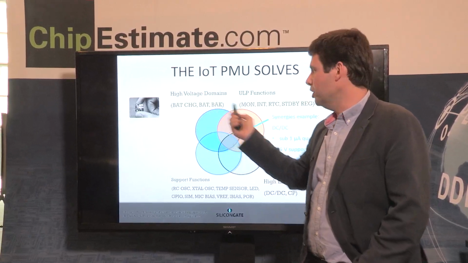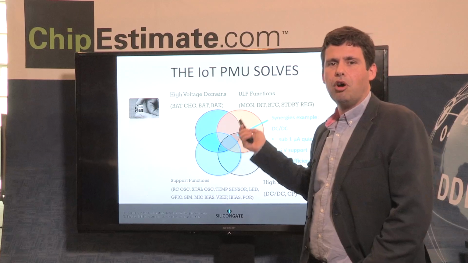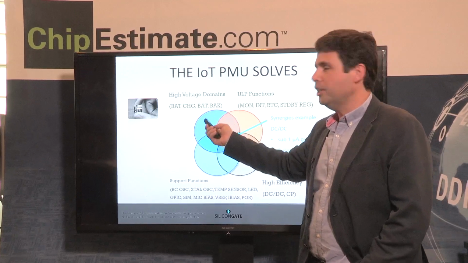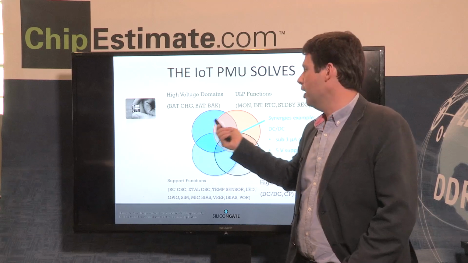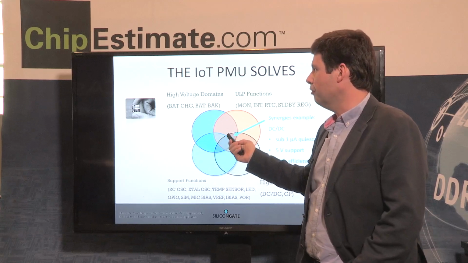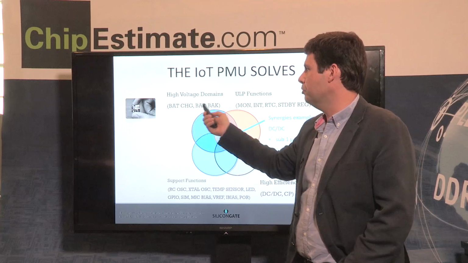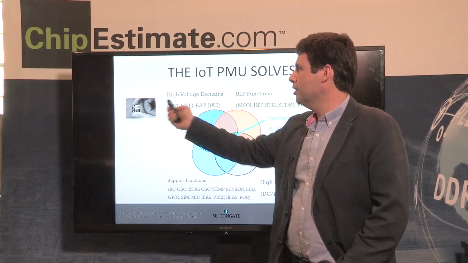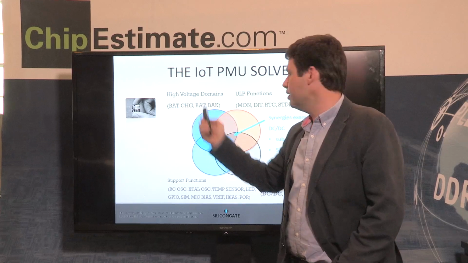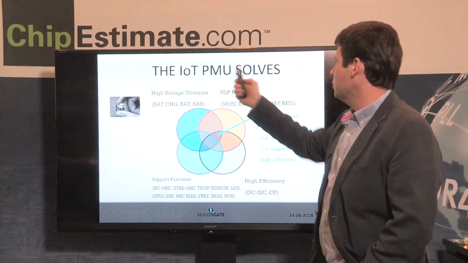And normally the IoT chips are being designed on technologies that only support 3.3 or even less than that, 1.8 volts. So when you have a technology that supports 1.8 volts and you need to interface with the battery, with the charger, all that, these are high voltage domains that are solved by the PMU that goes into the IoT.